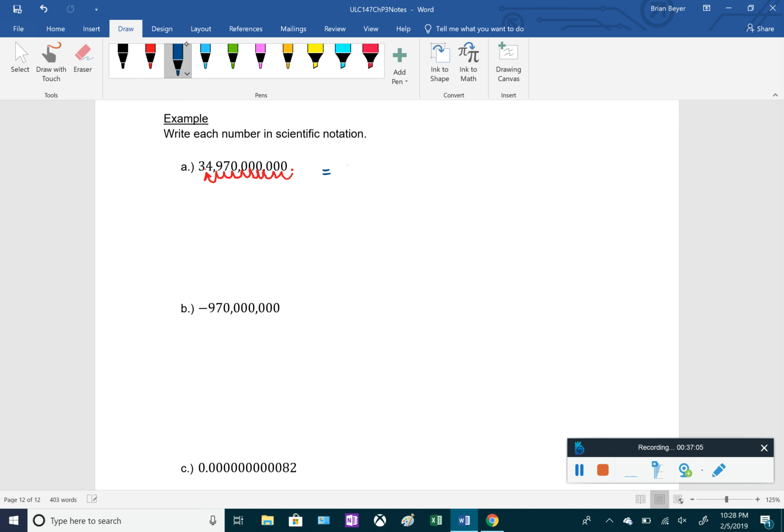So this is going to be 3.497 times 10. We moved that to the left, so that means it's going to be positive, and we moved it over 10 places. So that's going to be our exponent. So 3.497 times 10 to the 10th. And you can obviously check by going in the reverse direction here. We would have to move that to the right 10 places.